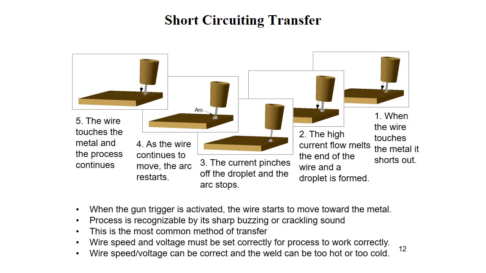This process is recognizable by its sharp buzzing or crackling sound. This is the most common method of transfer, and you need to have everything set correctly for this process to work correctly. So that's about all there is for short-circuiting transfer.